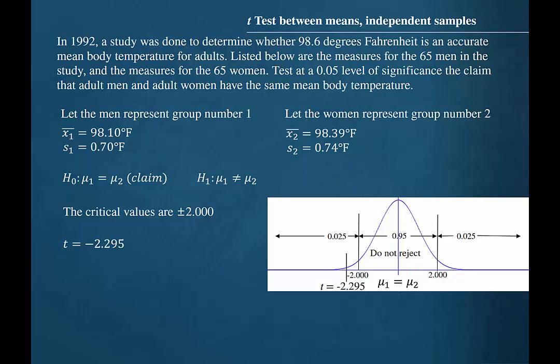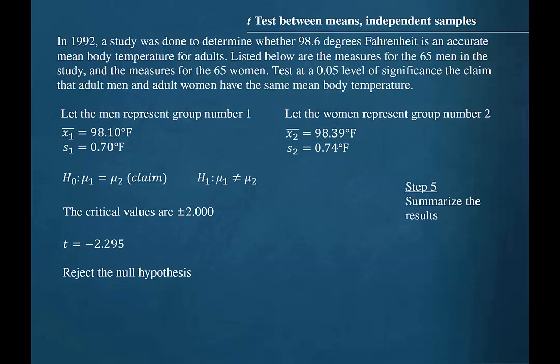But our calculated t-test value is negative 2.295. The interval between our critical values negative 2.000 and positive 2.000 defines the region where we would not reject the null hypothesis. Since this test value is outside of that interval, our decision should be to reject the null hypothesis.